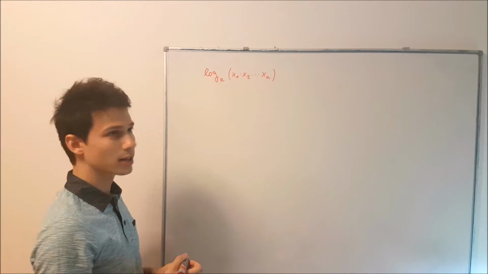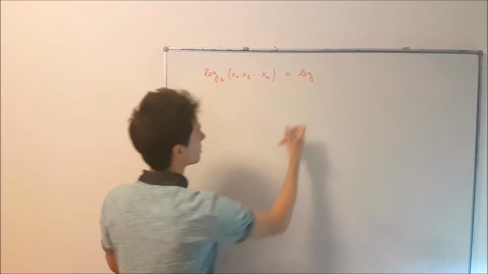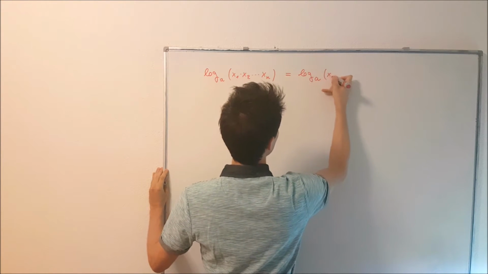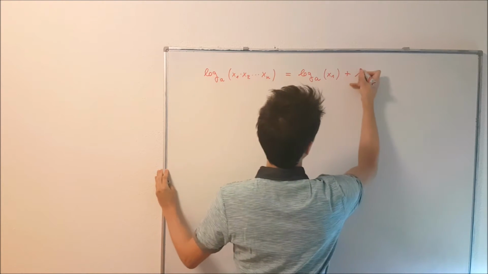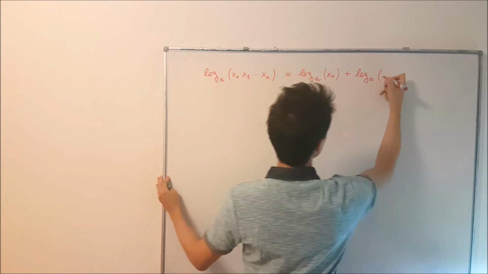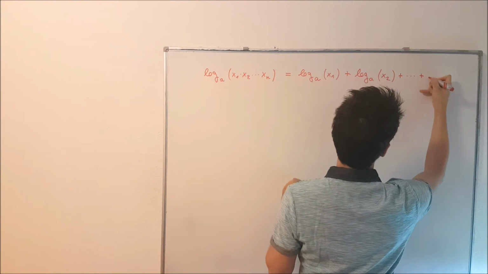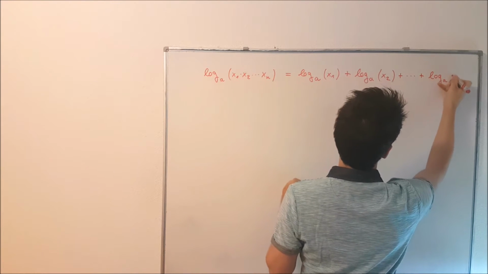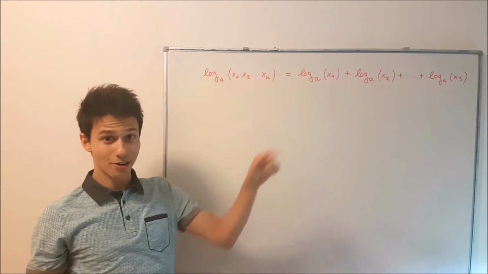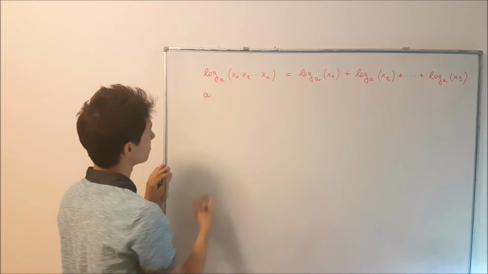Then this can be rewritten as the log to this same base a of the first factor x1 plus the log to base a of the second factor x2 and so on until we reach the last factor xn.